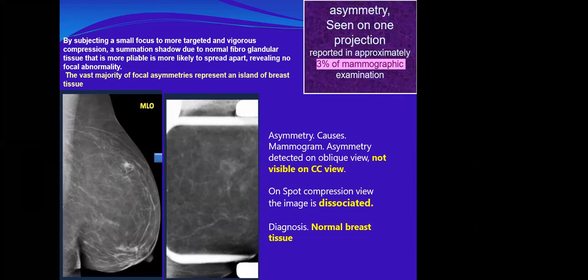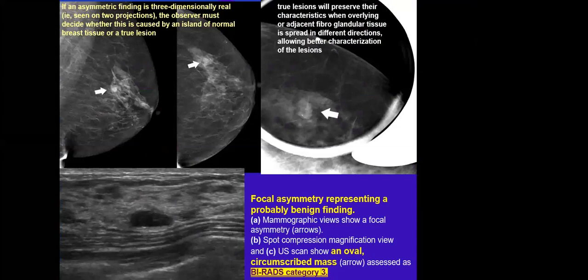more obvious. And we said the vast majority of asymmetries and focal asymmetries are summation artifact, and focal asymmetry represents an island of breast tissue. Okay, see these examples. So we are dealing here with focal asymmetry, since it's seen both on CC and MLO, but not very obvious.